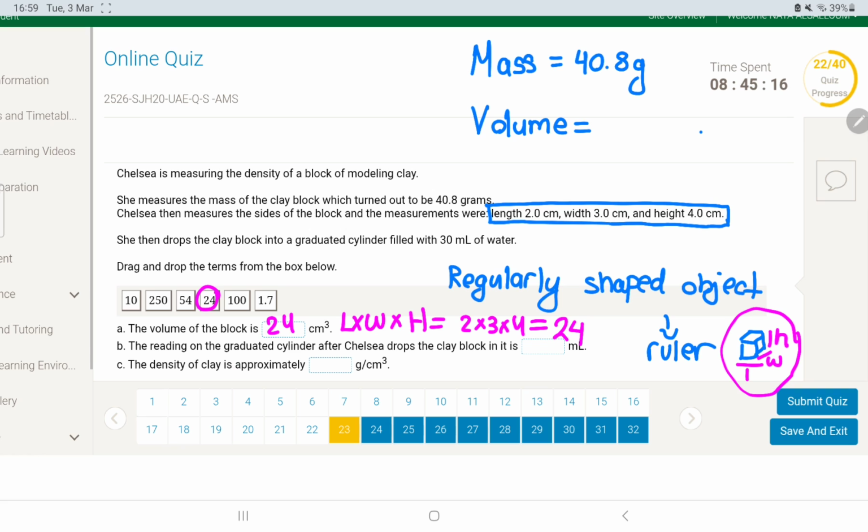Let's see. This one is actually important. So let's see it. The reading on the graduated cylinder after Chelsea dropped the clay block in. Okay. So initially it was filled with 30 milliliters. So it's 30 milliliters.